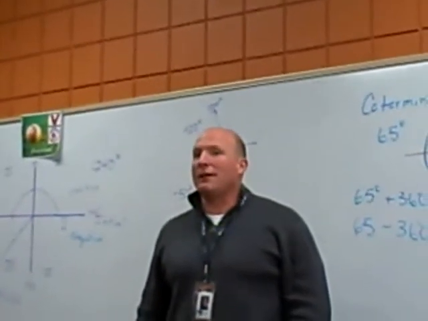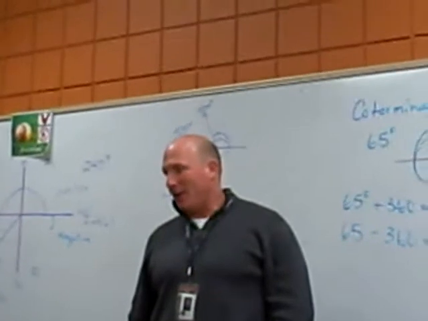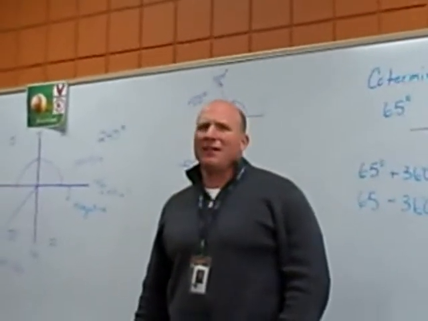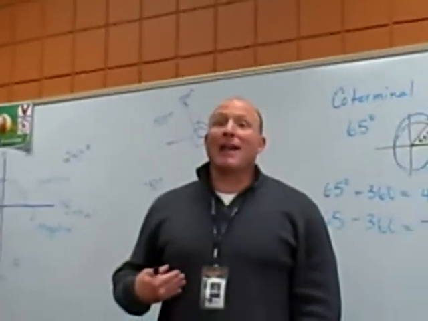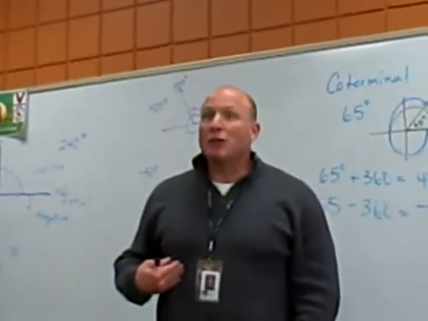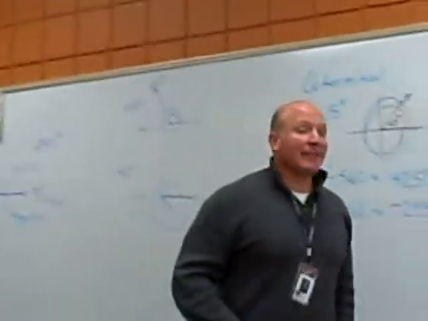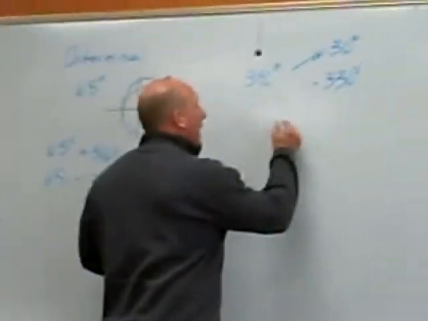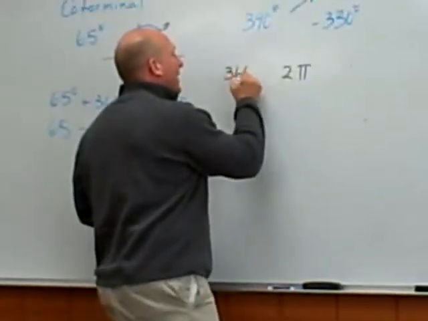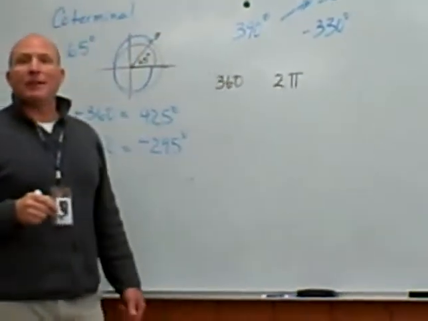So instead of calling me by my nickname of 360, who would call you that? Hey 360, that's weird. My nickname was 2Pi. Yeah, 2Pi. Just like it sounds. Now, I'm telling you right now that they could have called me 360. But they called me 2Pi.